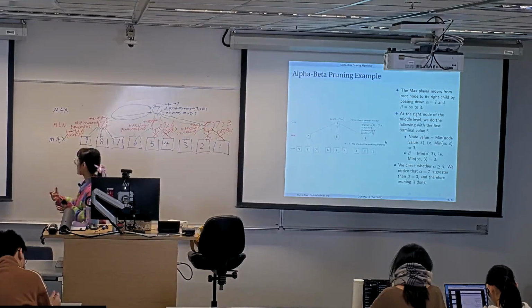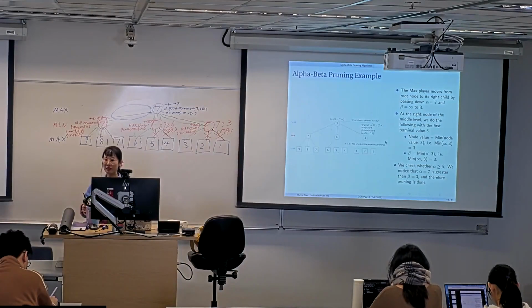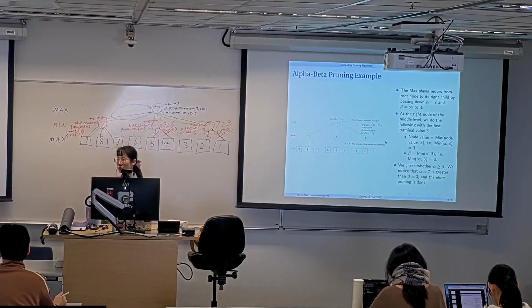Node value gets updated whenever it receives some new value from its children. For alpha and beta value, the mechanism is that first the node should accept, or you can regard it as inheriting, the alpha and beta value from the parent, and then it gets updated whenever it receives some new value from the children.